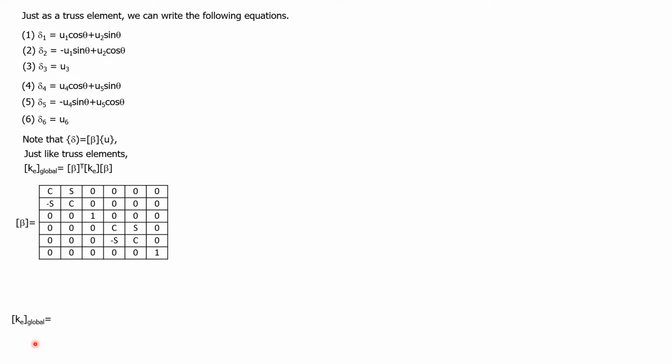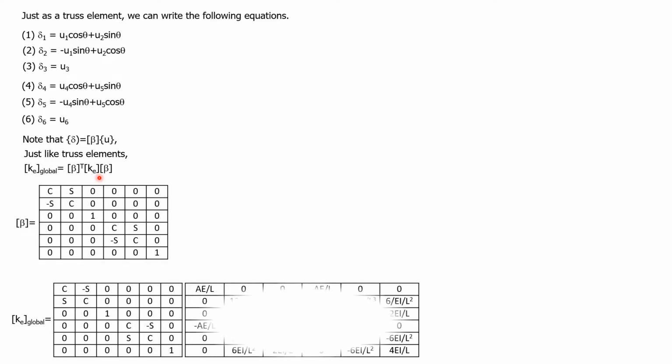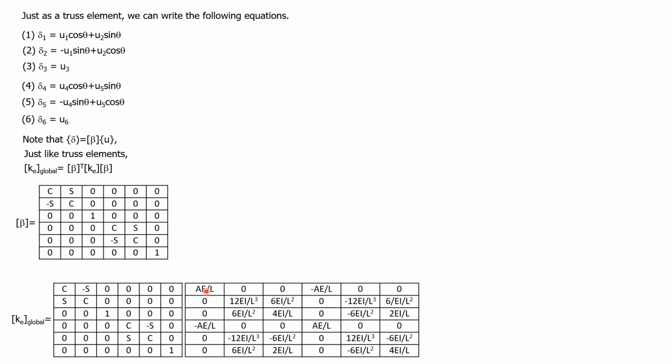So Ke global therefore is equal to this beta transpose, the transpose of this matrix here, times the K sub E, which is AE over L, negative AE over L, positive AE over L. Then the rest is the same as that of the beam element stiffness, multiplied by beta, which is this.